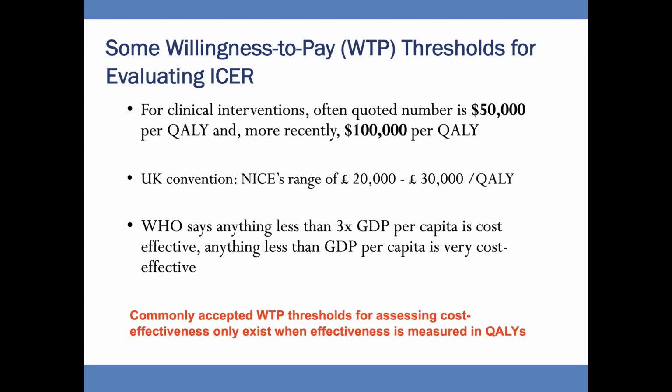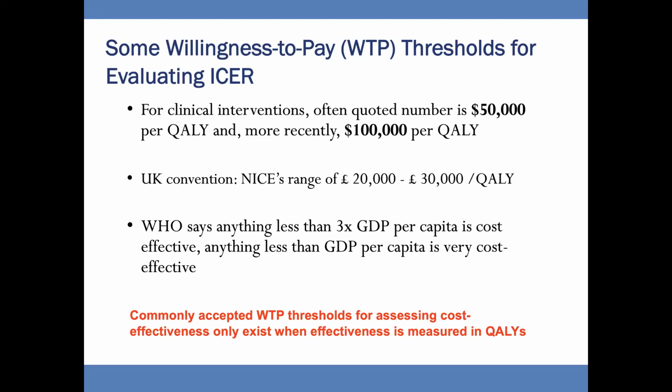Okay, so keep in mind that the willingness to pay threshold is the maximum amount that a society is willing to pay for one extra unit of outcome. And in this context, the extra unit of outcome is one more QALY. I'm going to go into more detail on what a QALY is, but you can think of it as one life year with full health, okay?